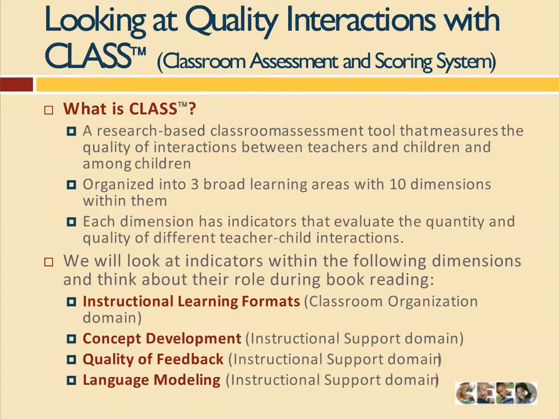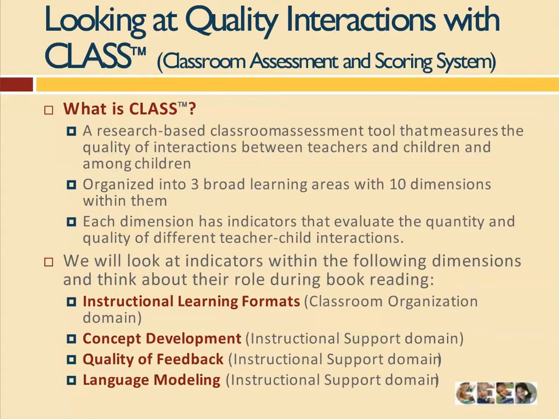Let's take a minute just to talk about what exactly the CLASS is and what it measures. The Classroom Assessment Scoring System is a research-based classroom assessment tool that measures the quality of interactions between students and teachers and among students. It's organized into 3 broad learning areas called domains, and within them there are 10 dimensions.